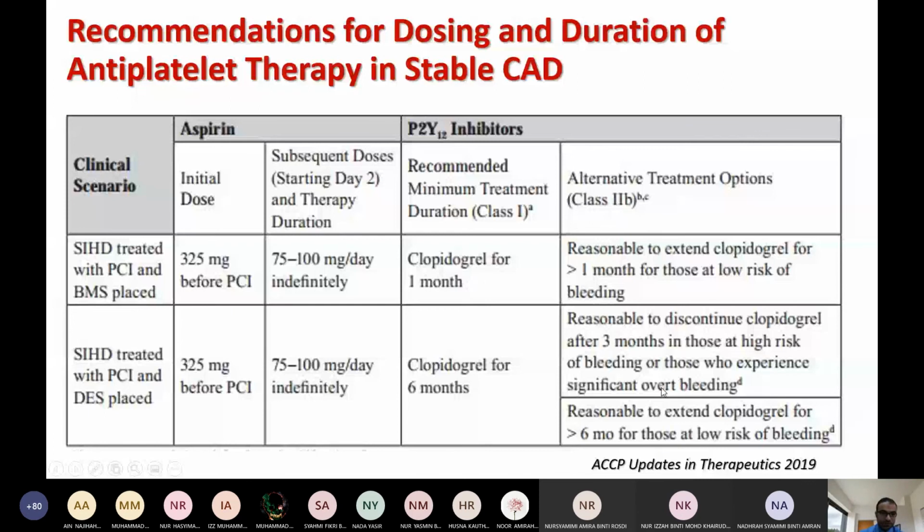Okay. So here I think the summary recommendation, you can see here the aspirin in the first place. This one can be added and the duration can be discussed according to the bleeding risk and according to the patient's individual risk of having future cardiovascular events.